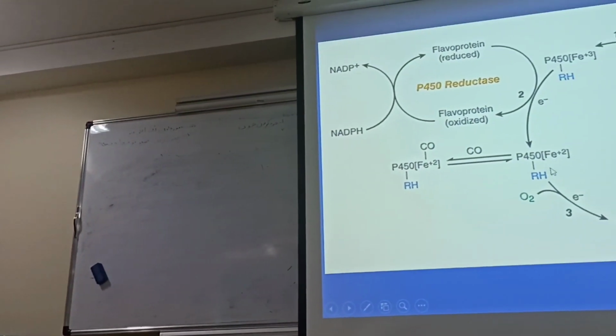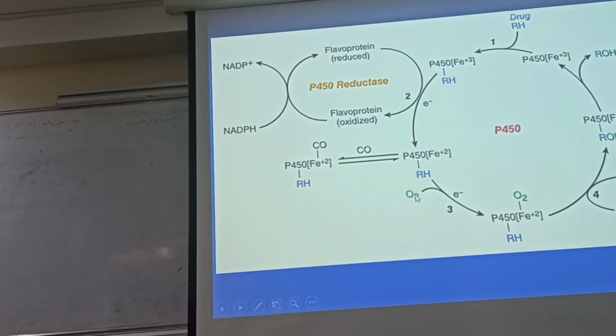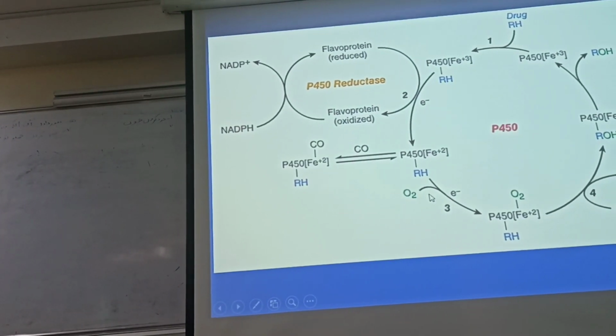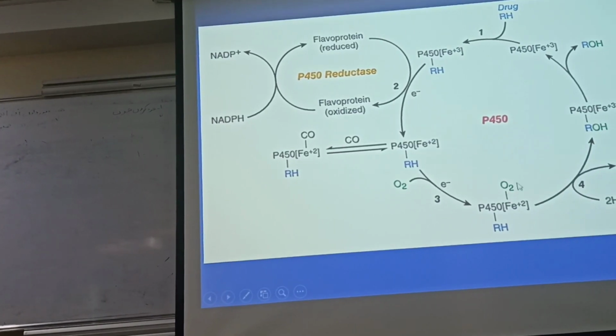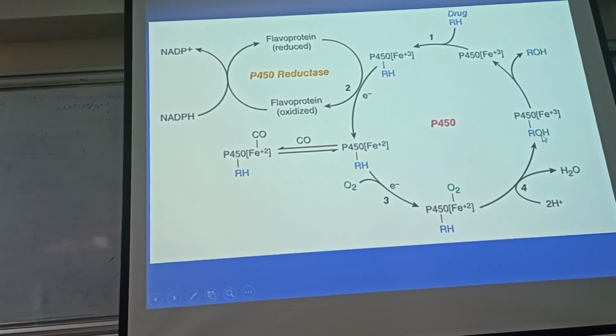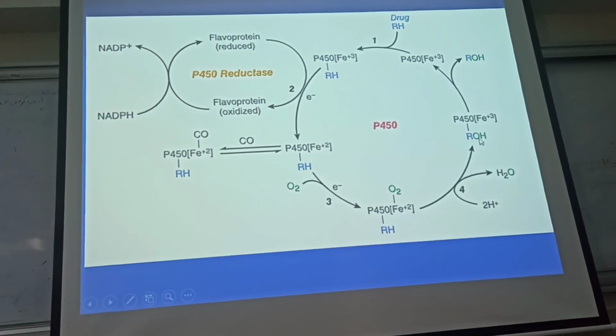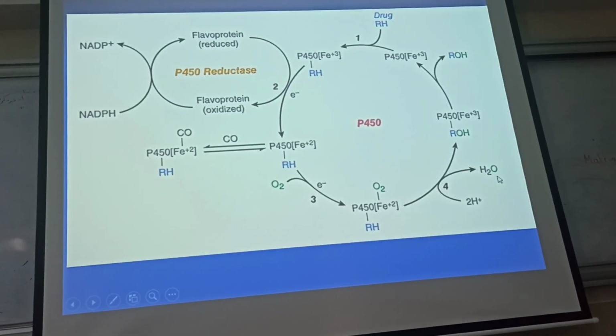When we have this situation, or ferrous form, oxygen comes in the field. And one atom of oxygen will change RH to ROH, and the other one makes water.